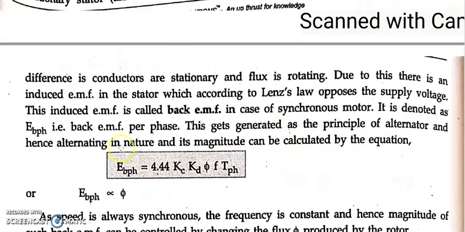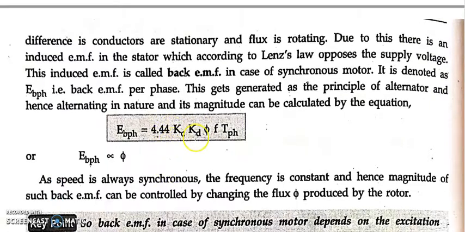We know that there are three phases in the stator of a synchronous motor. So per phase, the back EMF equation is 4.44 kc kd flux phi, frequency, and turns per phase. It is similar to the EMF equation of a transformer, with some minor changes. Kc, kd, frequency and turns are constant, but flux is variable.